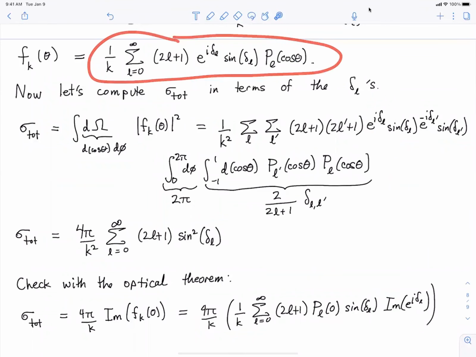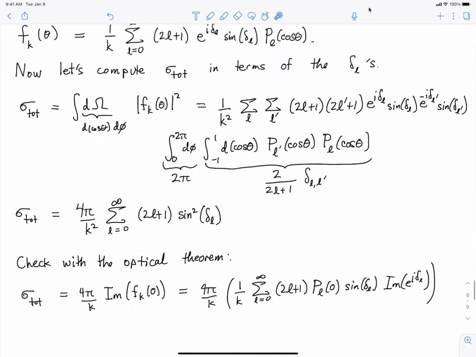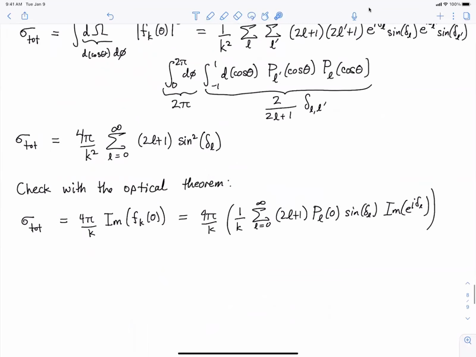P_L of 0, the way the Legendre polynomials are defined, is just 1. And the imaginary part of e to the i delta L is sine delta L.